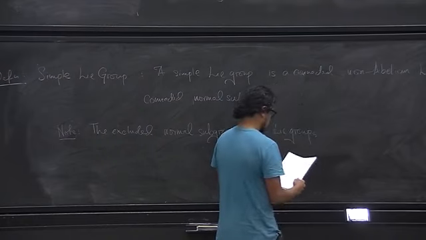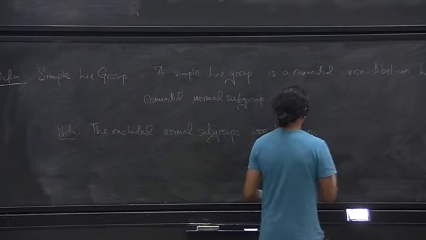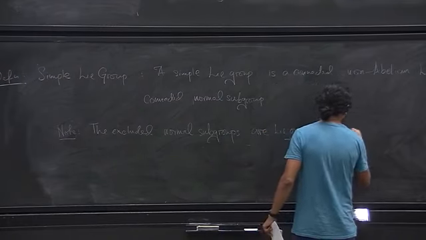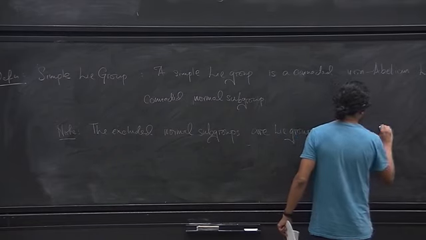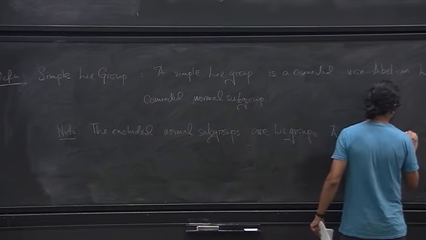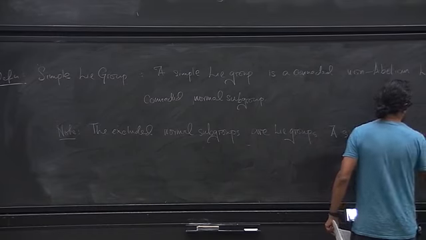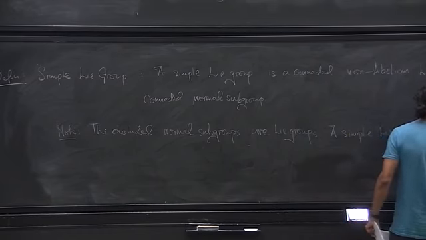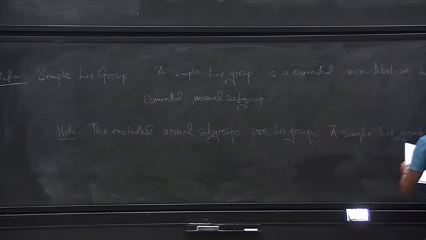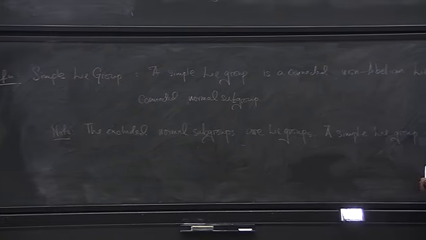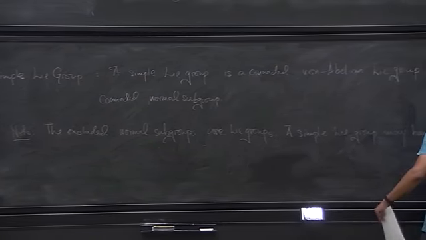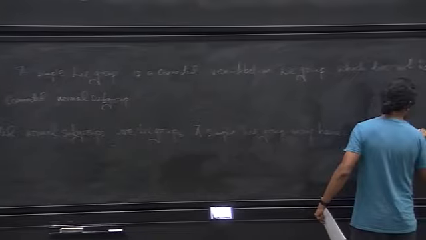In other words, a simple Lie group may have discrete normal subgroups.